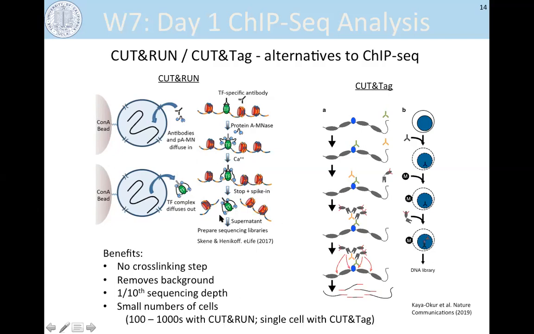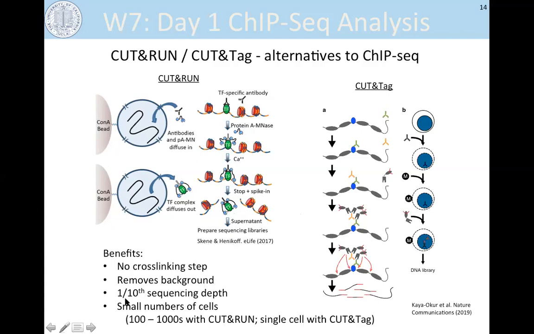And then you can take these small DNA fragments to construct libraries. And this avoids cross-linking, so you don't need to worry about cross-linking artifacts. You can computationally remove background. If you do paired-end sequencing, you can throw out fragments that are larger than a certain fragment size to remove background.